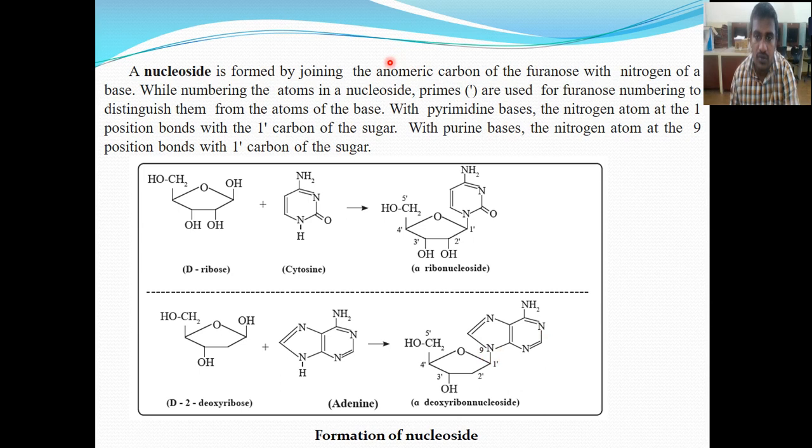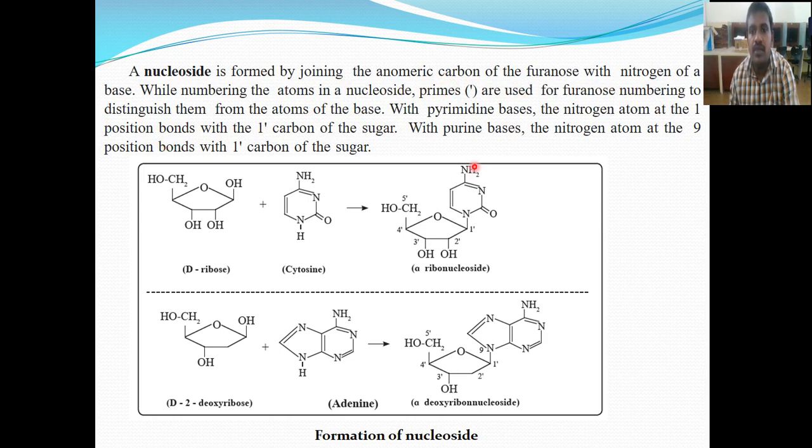Again, I am going to repeat. In nucleosides, the anomeric carbon of furanose joins with the nitrogen of the base, forming the link between the sugar and the nitrogen base. While numbering the atoms of nucleosides we use primes, to distinguish the furanose atoms from the atoms of the bases.